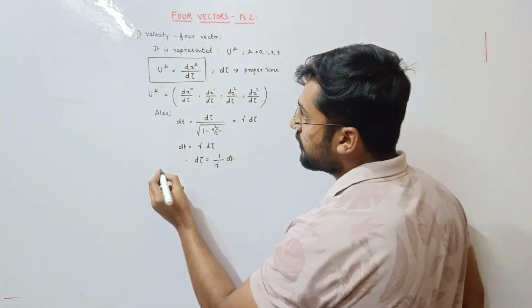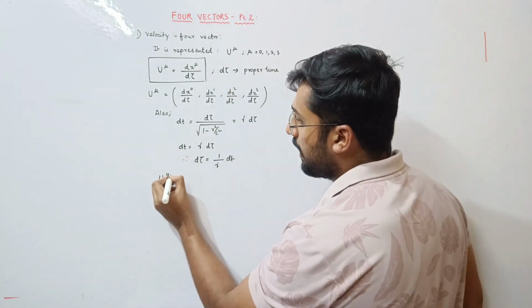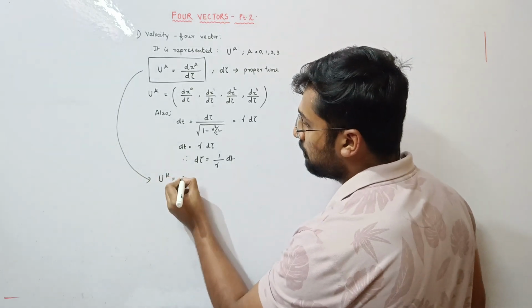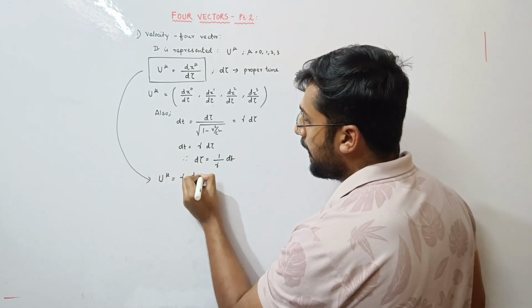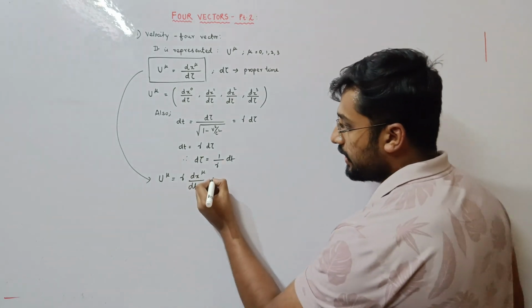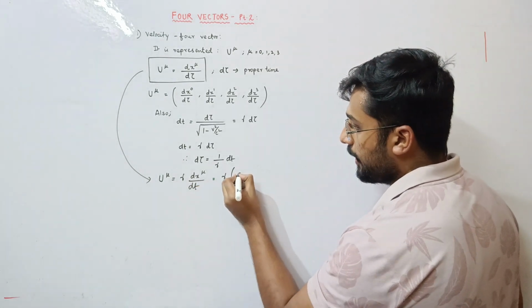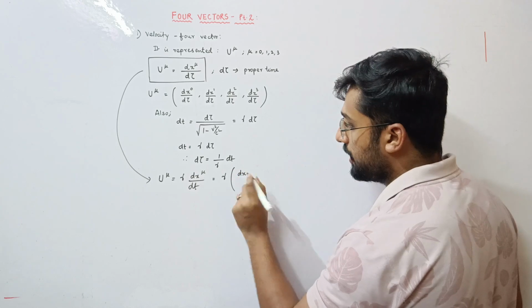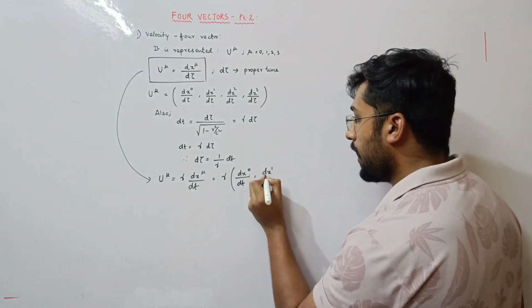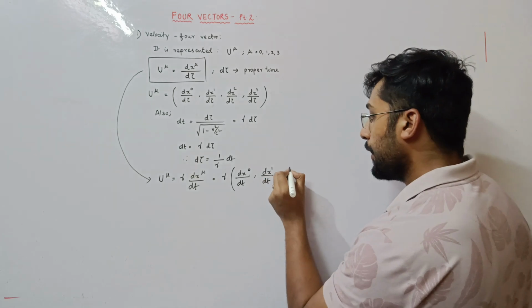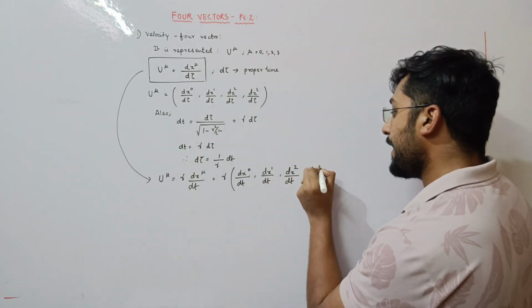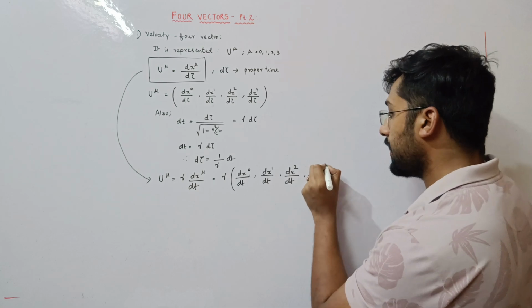So this formula can be rewritten as u^μ = γ dx^μ/dt. If you take this, then you would have dx^0/dt, dx^1/dt, dx^2/dt, and dx^3/dt. Am I clear?